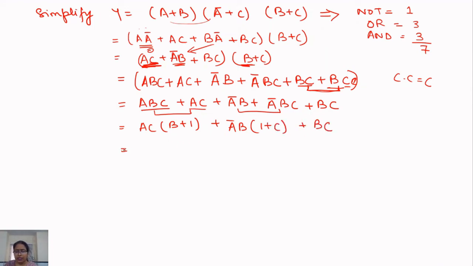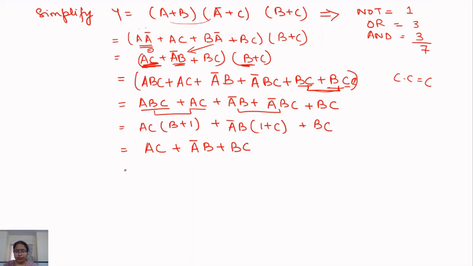So b plus 1 is 1. So this is ac plus a bar b plus bc.